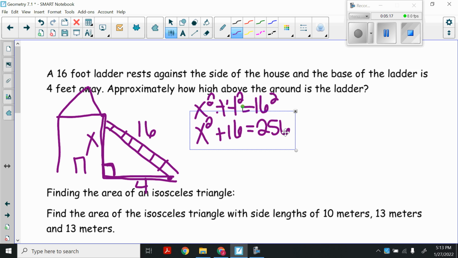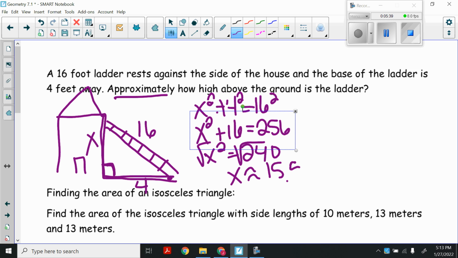We want to subtract 16 from both sides, so x squared equals 240. Take the square root of both sides. This is not a perfect square, but since it's a word problem and it says approximately, we want to go ahead and put that in our calculator. So x is approximately 15.4919, so approximately 15.5 feet above the ground. So our ladder is approximately 15.5 feet above the ground.